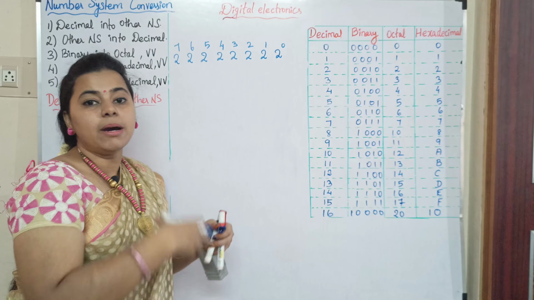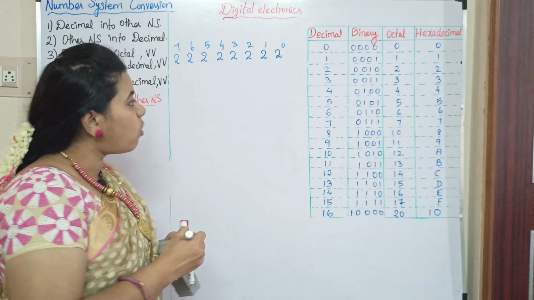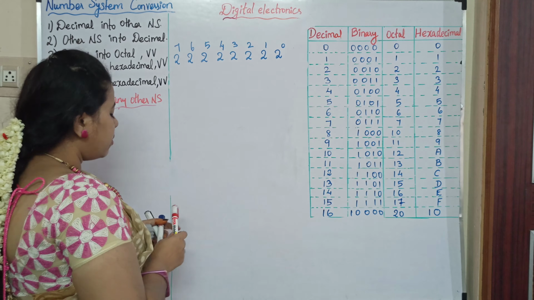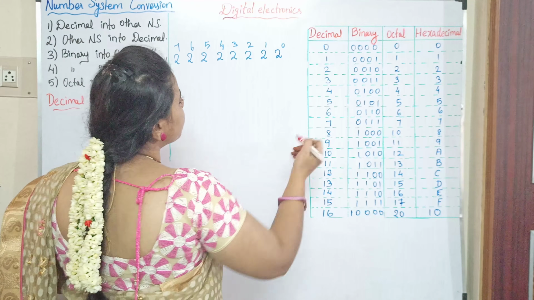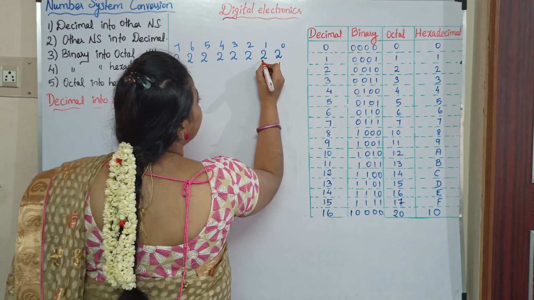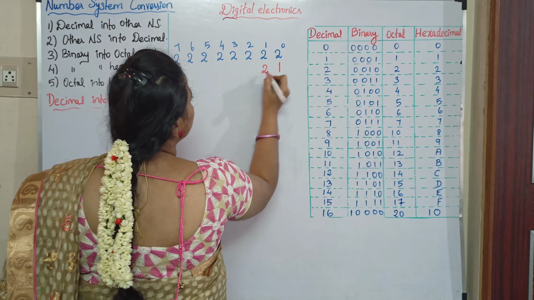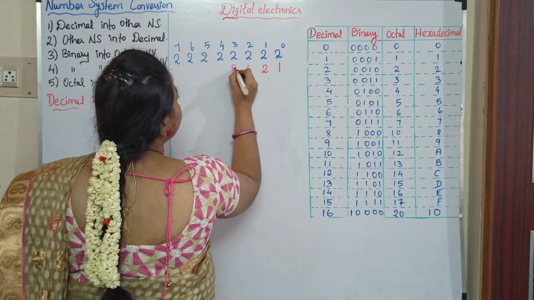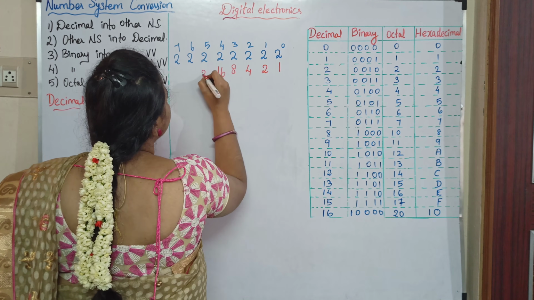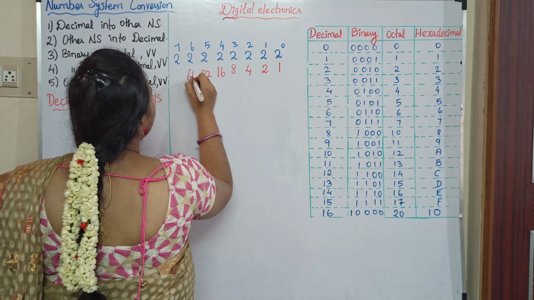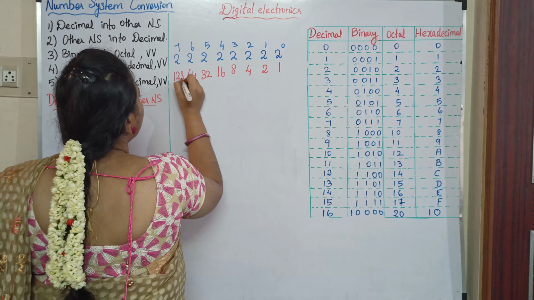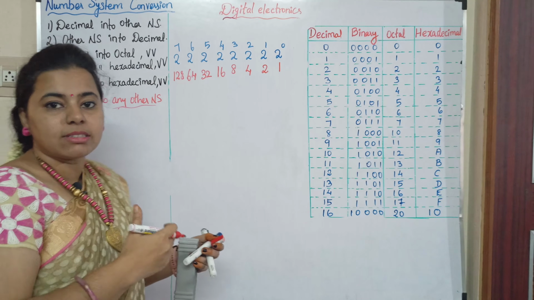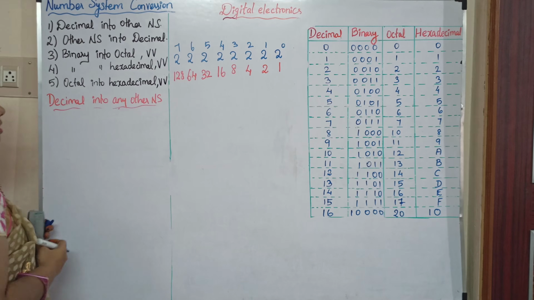What is the value of 2 to the power 0? 1. Then 2, 4, 8, 16, 32, 64, 128, then 256. Like that it will go.